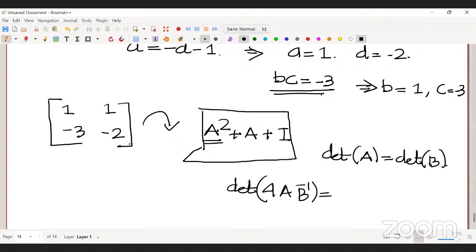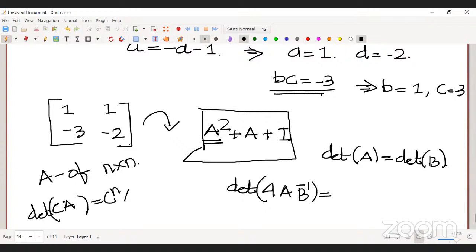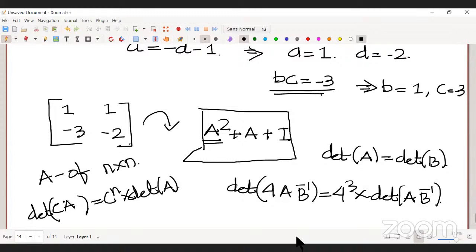You know that if C is a matrix of order n cross n, then the determinant of kC is k power n times the determinant of C. Here A is a matrix of order 3, so it is 4 power 3 into the determinant of A B inverse.